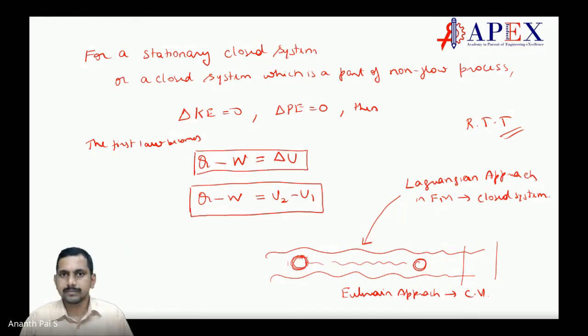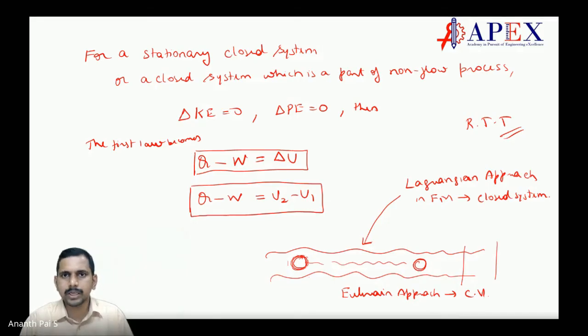Sir, when an oil drop flows in a river, there will be heat exchange of the oil drop with the surroundings also, right? Correct. So how can we assume it is a closed system? Why not? Heat transfer happens. There can be heat transfer, there can be energy transfer. There should not be any mass transfer.